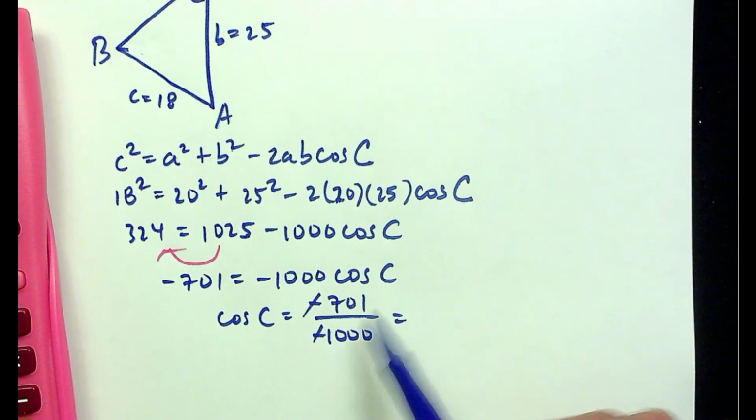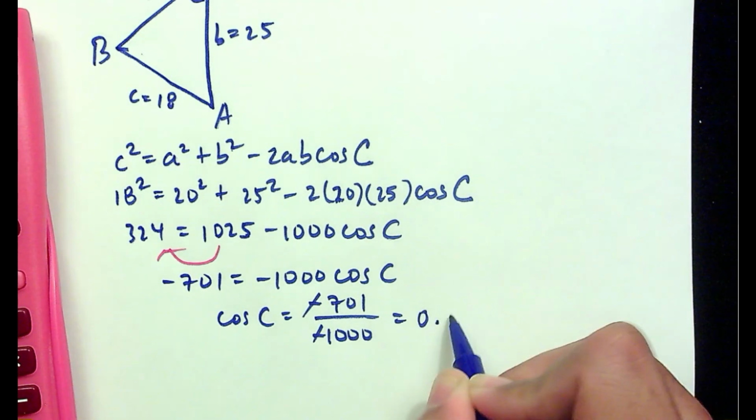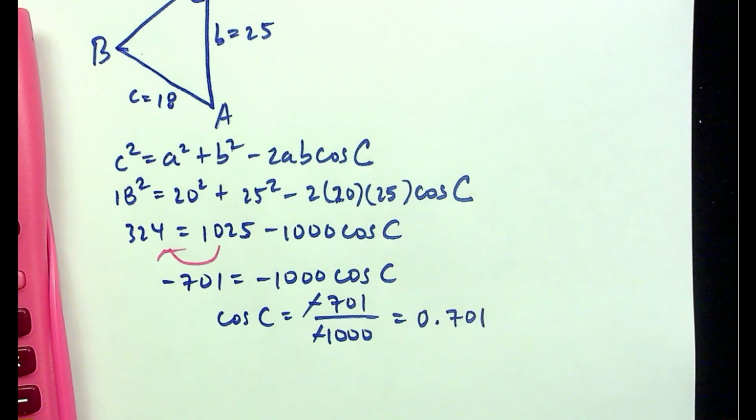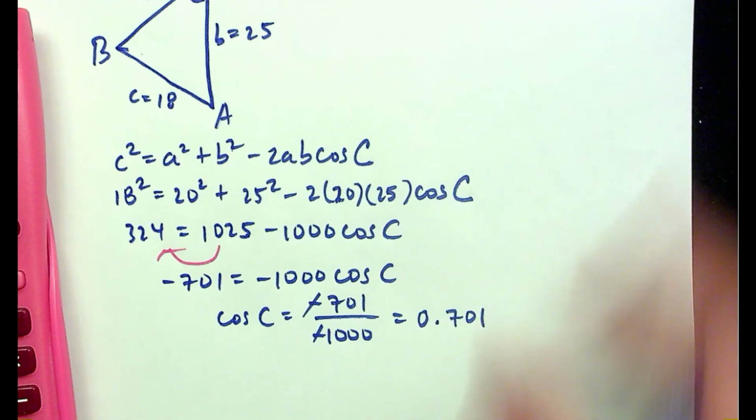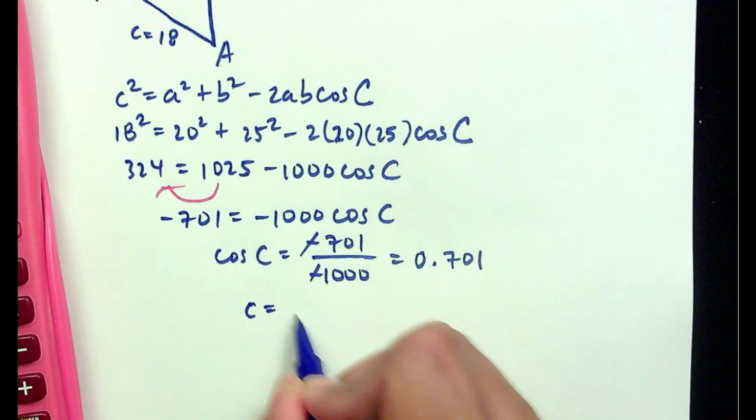And I don't even need a calculator for that one. Divided by 1000 means move the dot 3 times, so this is going to be 0.701. And to get C, hit this equation with cosine inverse.